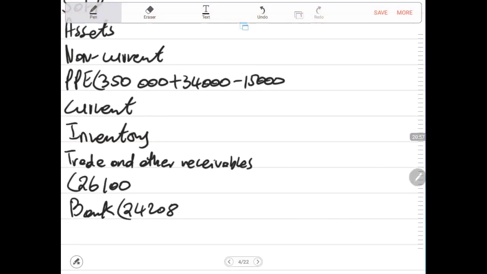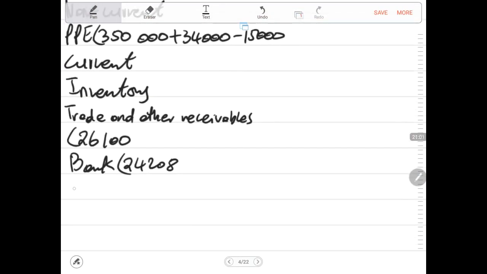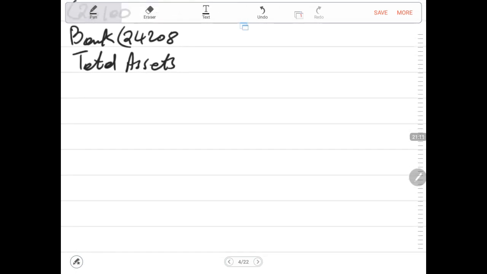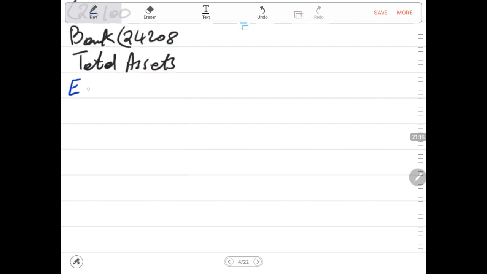Then after that it will be what we call equity and liabilities. But let us first write our total assets. Then we go to equity and liabilities, where we start with the equity first.